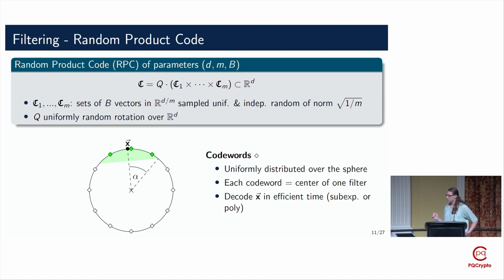The important thing is that the random product code provides an efficient list-decoding algorithm that allows us to decode any vector x on the sphere to find the nearest code words of the code. So here we are able to decode x and to find the 3 nearest code words in green.